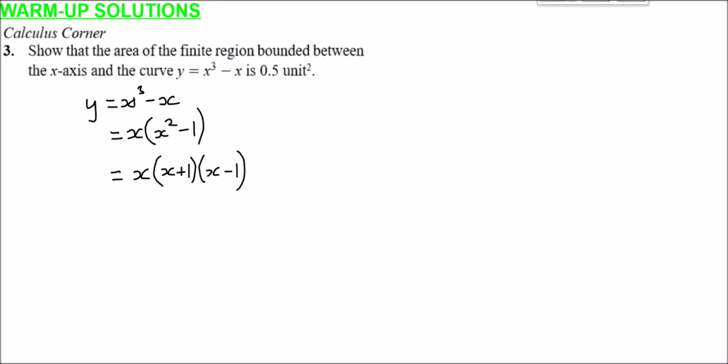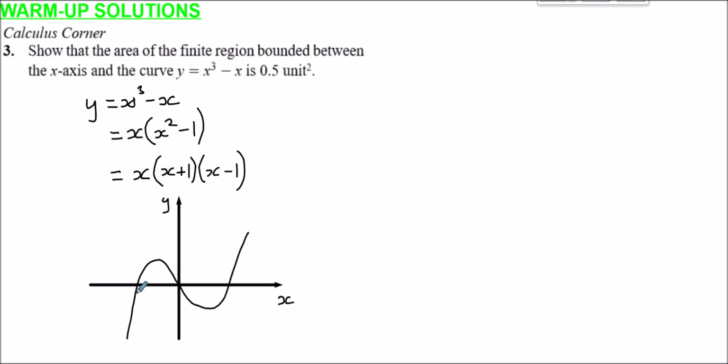And so if we were to graph this, by graph I just mean do a sketch, it's a positive cubic, so it's going to have the S shape going upwards. And it's going to have intercepts at 0, minus 1, and 1. So the shape of it is going to be something like this. Down and up again. So here we have minus 1, it crosses at the origin and again goes through the x-axis at 1.